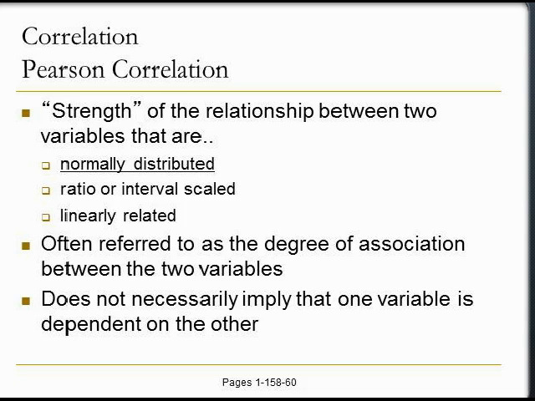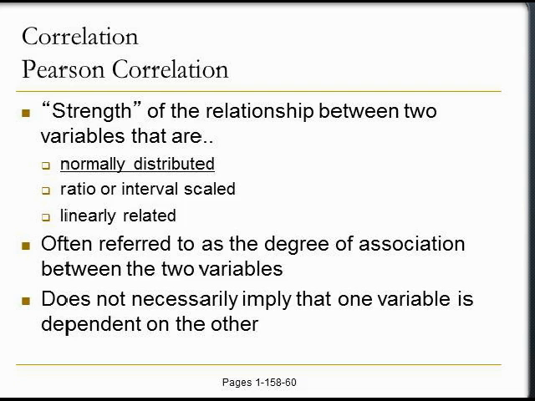The parametric correlation is called Pearson's correlation. Parametric, Pearson's. Again, it measures the strength of relationship between two variables that must be normally distributed, must be ratio or interval scaled data, so it's continuous data, and must be linearly related.